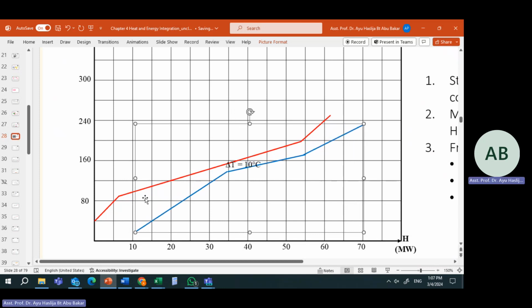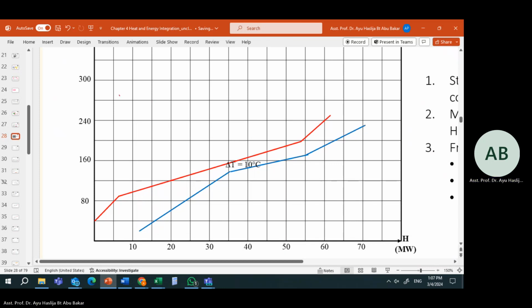Move until you get the pinch point. Delta T 10 degrees C. Delta T min here from hot to cold. So here you move the cold until you get the delta T min of 10 degrees C. So the pinch is at this lowest point.